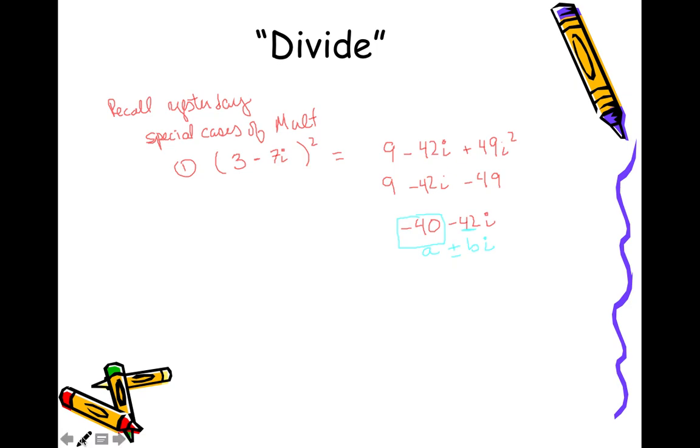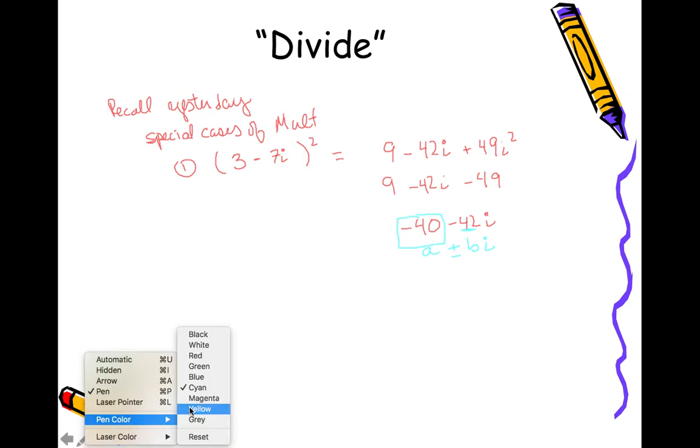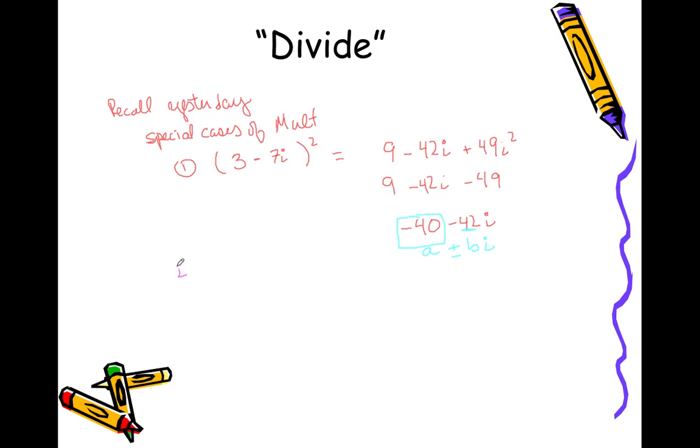Remember, the other special case was taking 3 minus 7i and multiplying it times 3 plus 7i. Multiplying these two complex numbers together, because remember, this is really just 3 minus 7i times 3 minus 7i, right? Multiply two complex numbers together and you get a complex number back. Complex times complex equals complex.